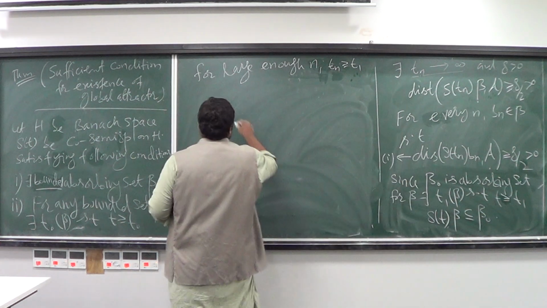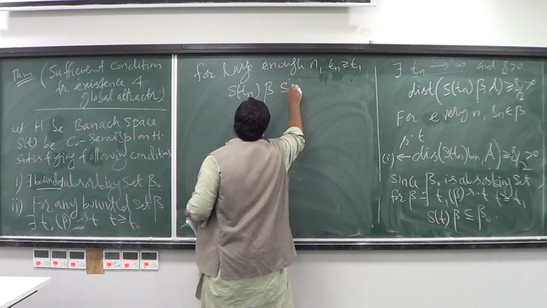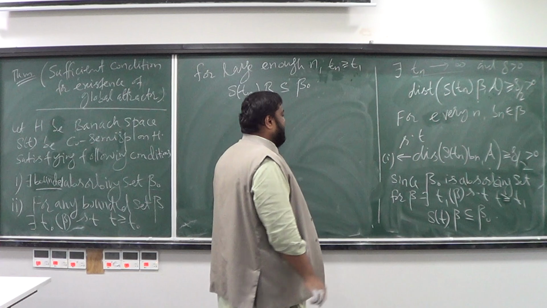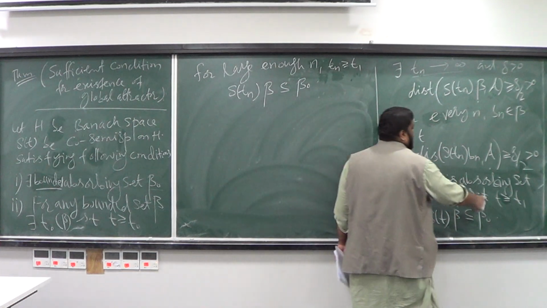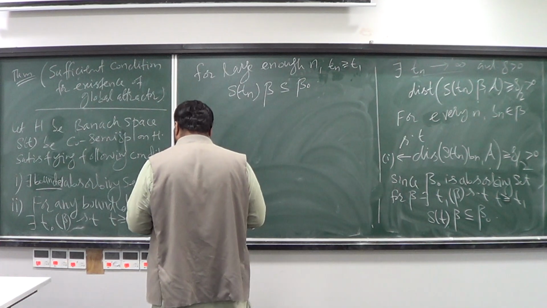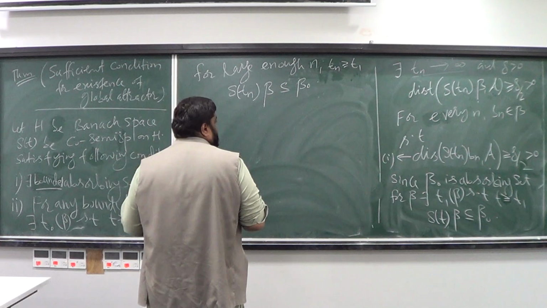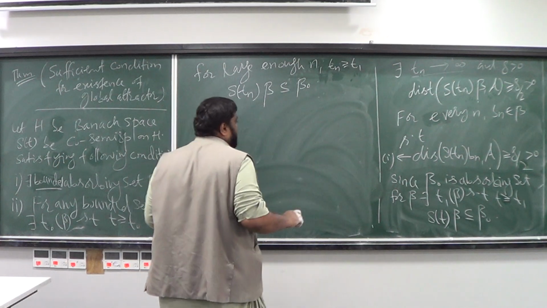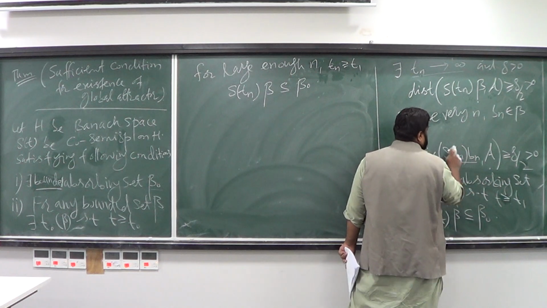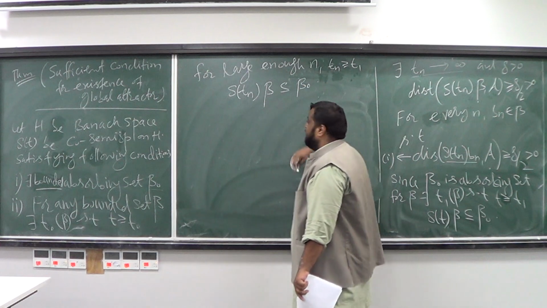In other words, I can say that S of Tn operated onto Bn is going to still be in B naught, because this is true for all instants after the T1 actually. What is the immediate consequence of this? The immediate consequence is that the sequence S(Tn)Bn is also part of B naught actually.